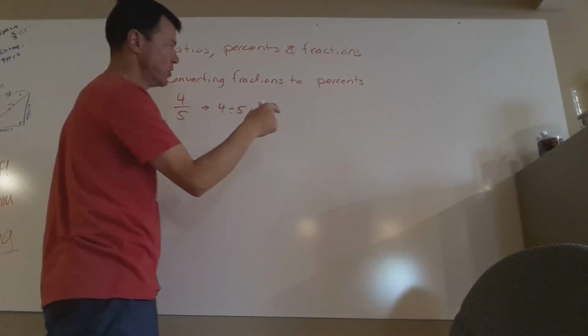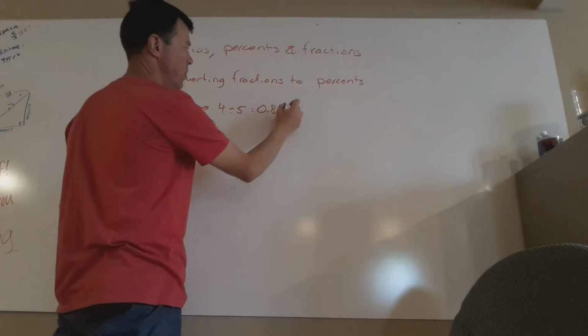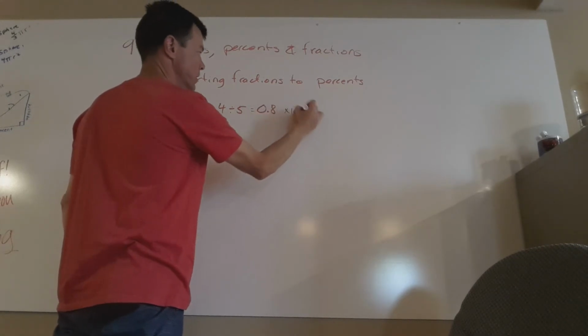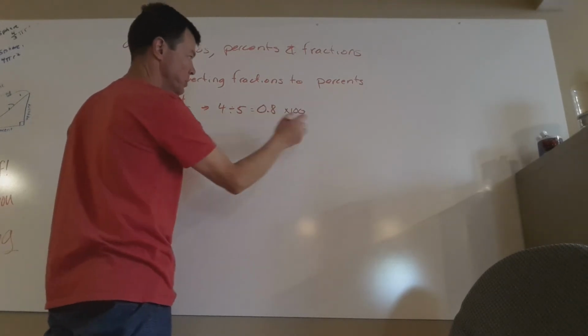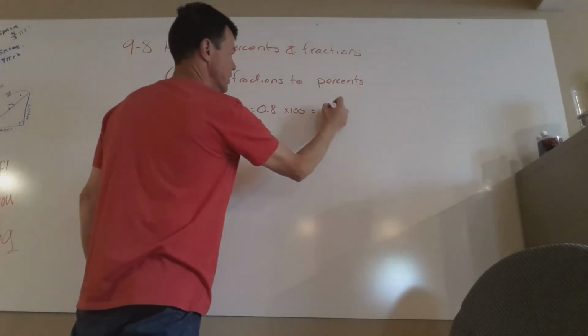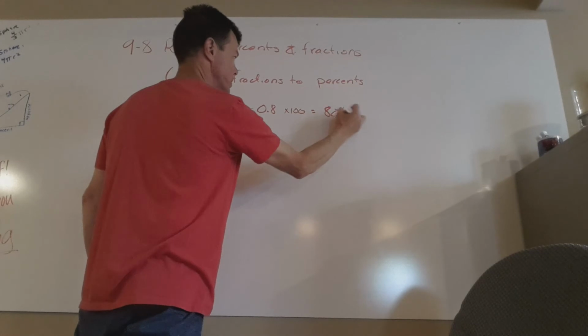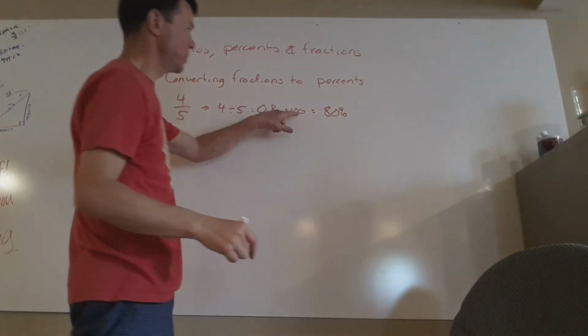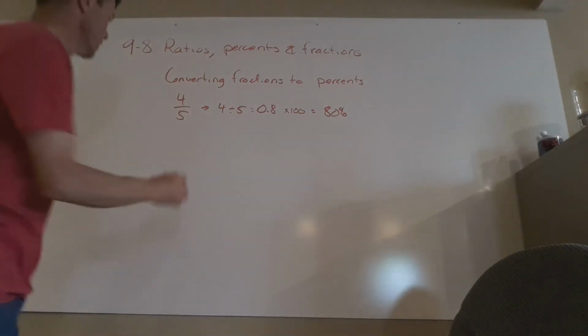To convert that to a percent, multiply it by 100. Actually, what you're doing is moving the decimal over 2 places. So 0.8 times 100, and you end up with 80%. You multiply it by 100 because percent is always out of 100.